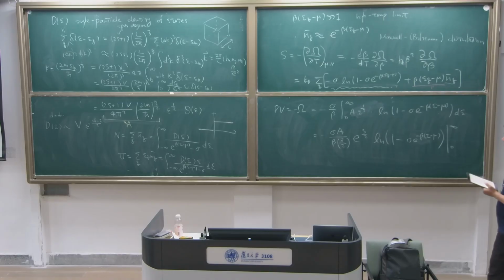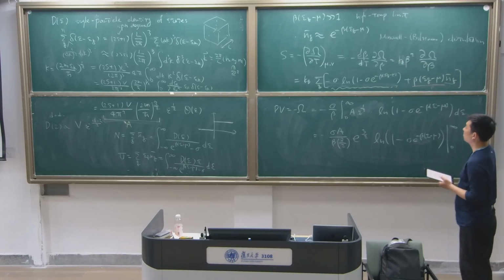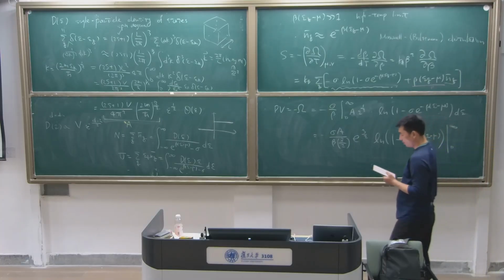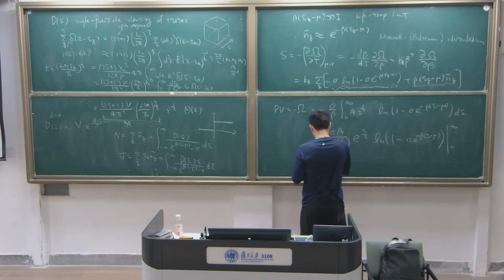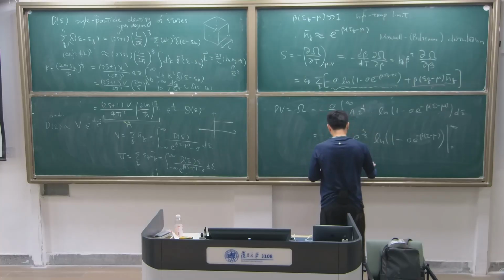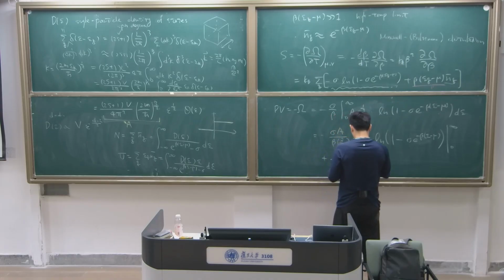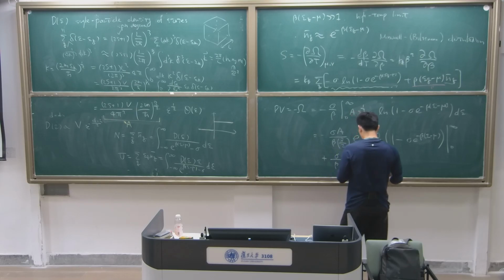And then I just do the integral by parts, plus sigma A beta, 0 to infinity, beta 3 half, and E to the 3 half.